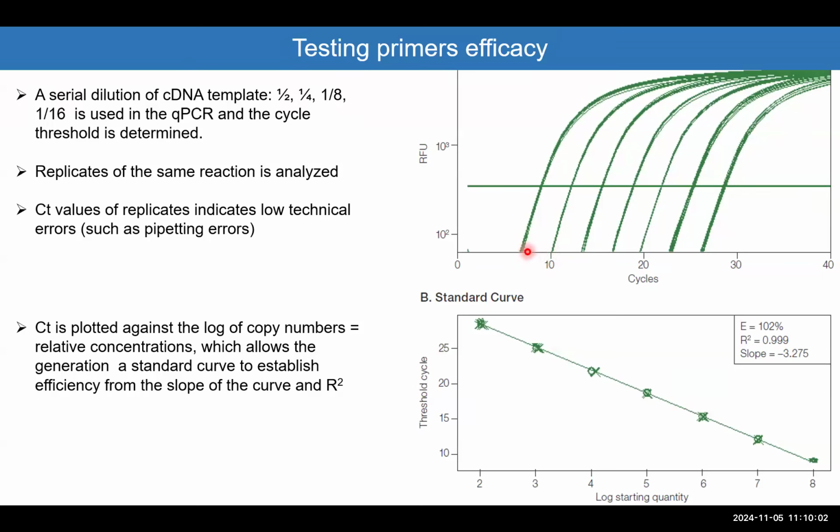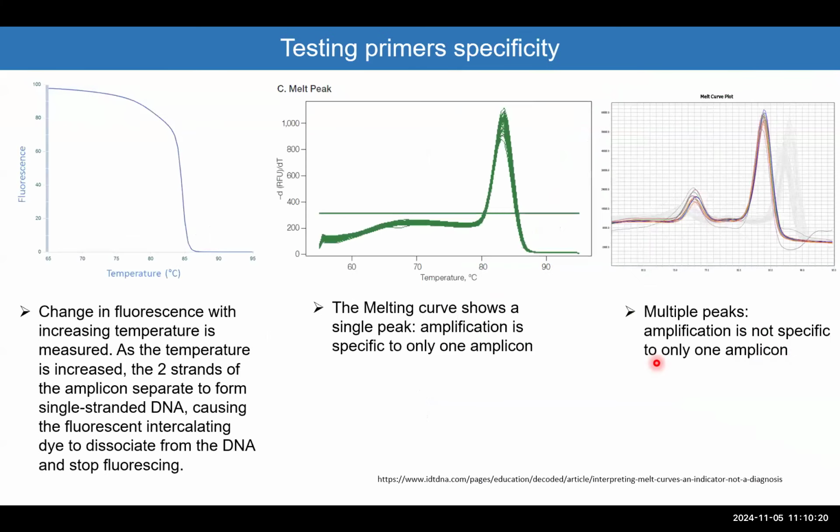And in cancer cells, since it's deleted, there will be no messenger RNA and there will be no cDNA or much less, and therefore it needs longer time to show up. So that's how we use the qPCR to differentiate between a tumor cell versus a wild-type cell.